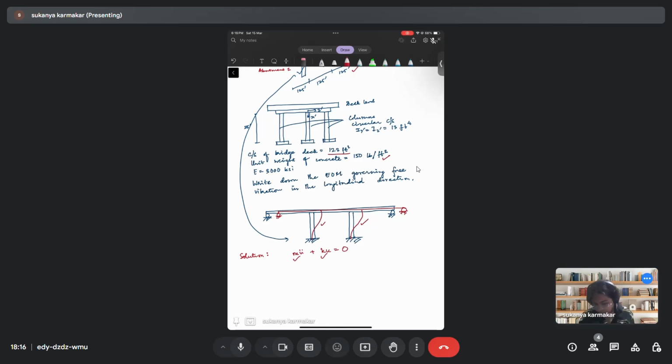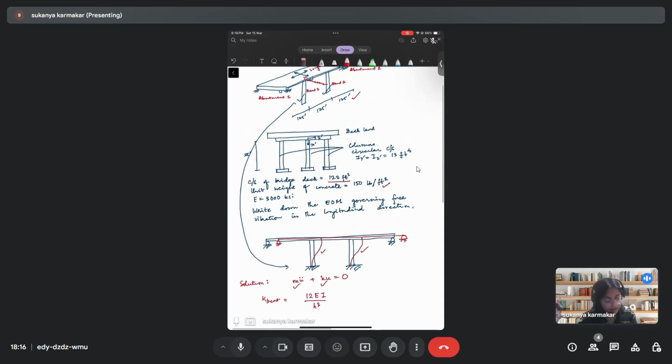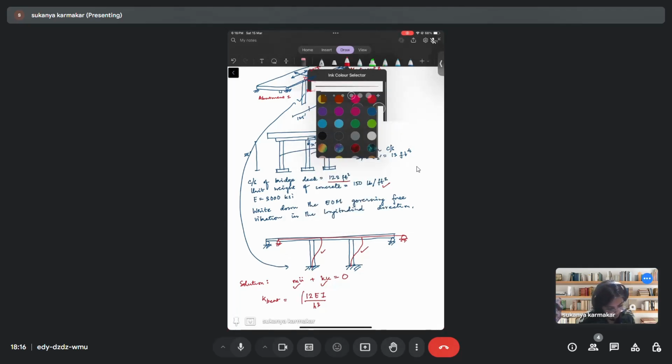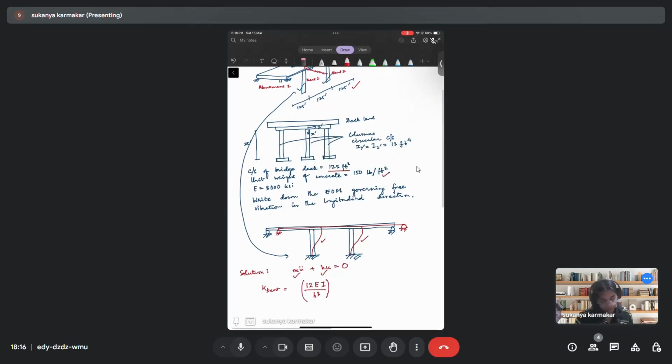So K bend will be 12 EI by L cube, and length being the height, let's say h cube, and there are three such columns in each bend, so that multiplied by 3.